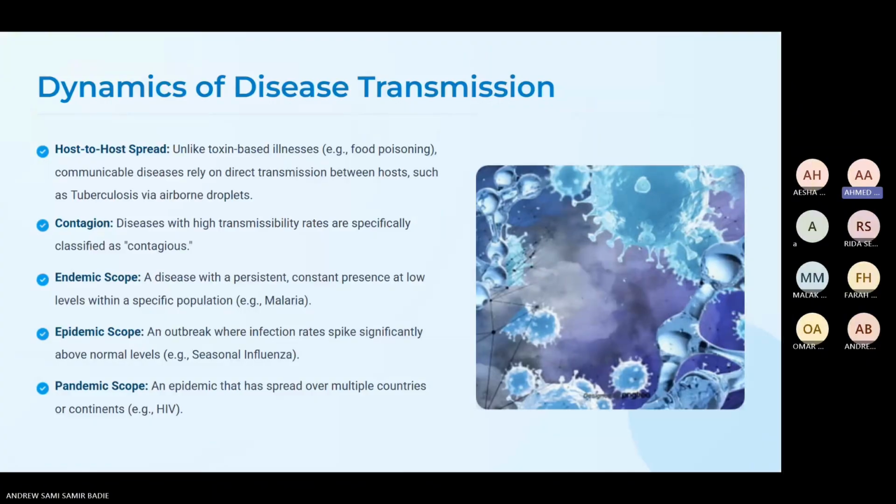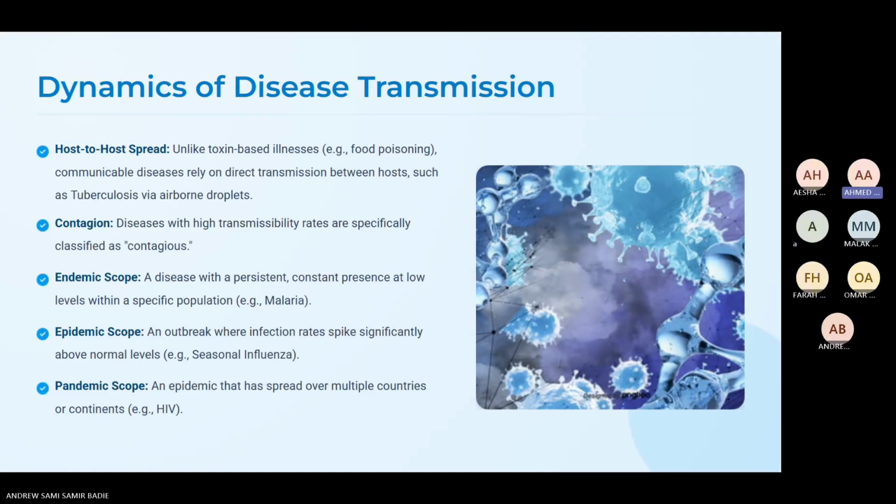Or, for example, tuberculosis: when someone coughs and the other person breathes in, they get the infection. And we have contagion. Some diseases are so easy to spread that we call them contagious diseases, like measles, COVID, and flu.